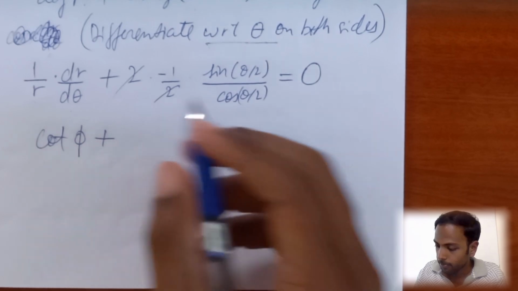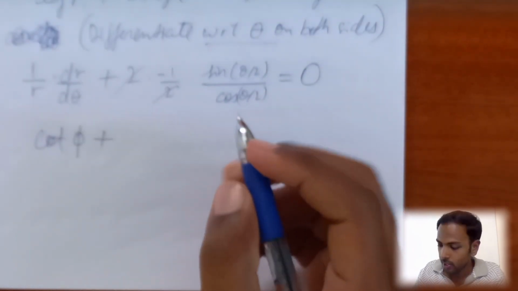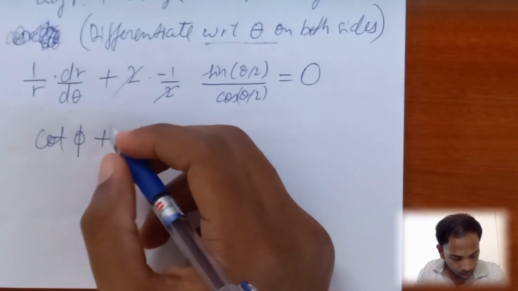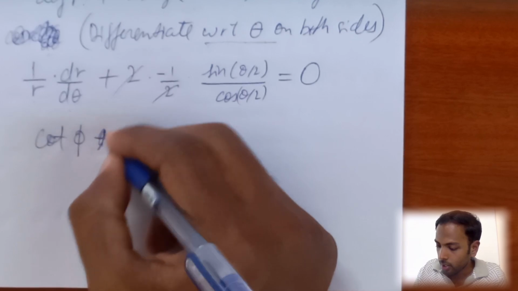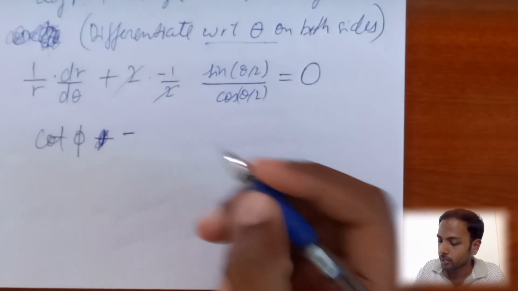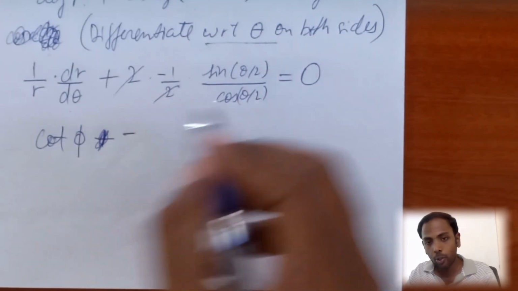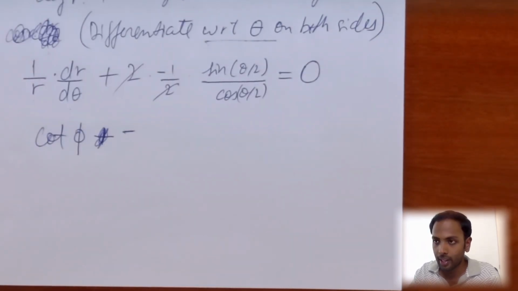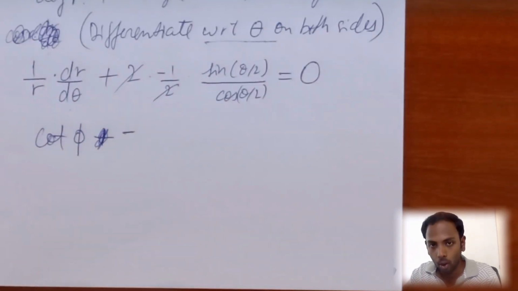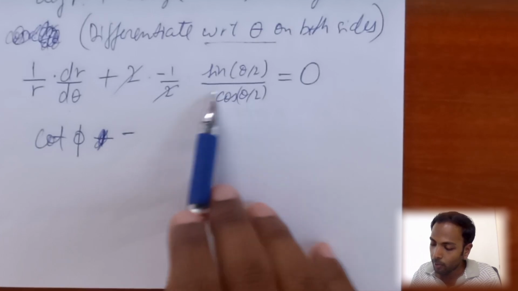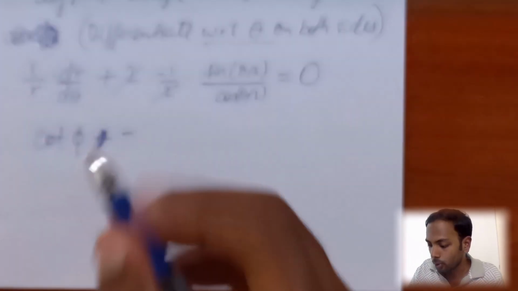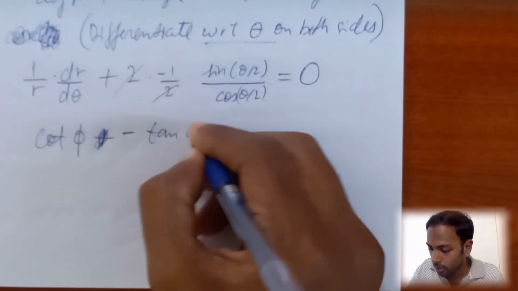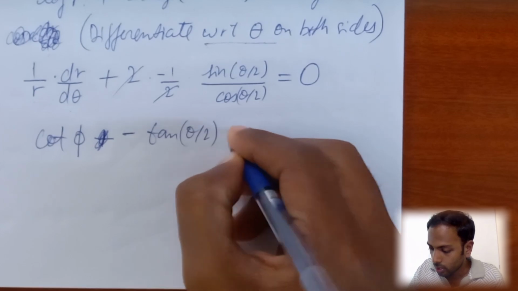And then it is minus, because this minus is there, sine theta by 2 by cos theta by 2. Sine by cos is what? Tan. tan x is equal to sin x by cos x. So sine theta by 2 by cos theta by 2 is tan theta by 2. Cot phi minus tan theta by 2 is equal to 0.